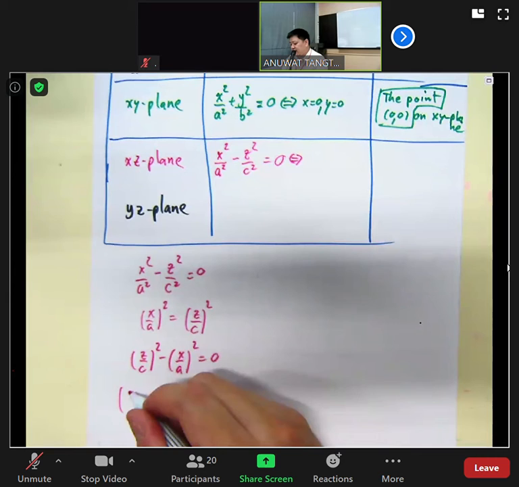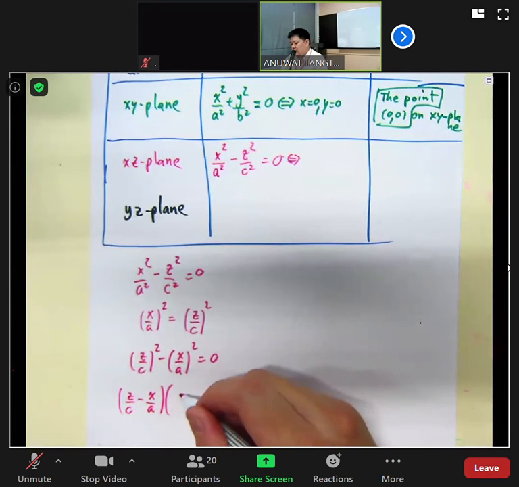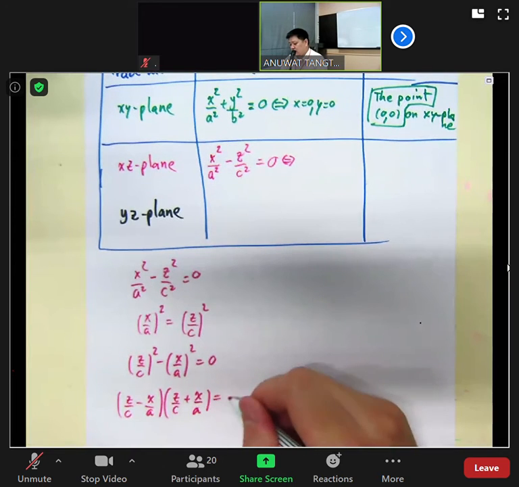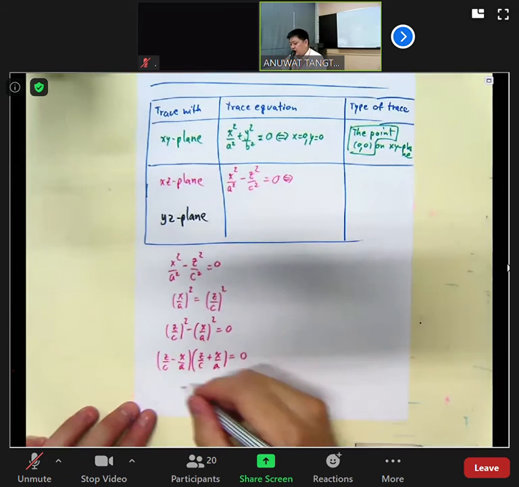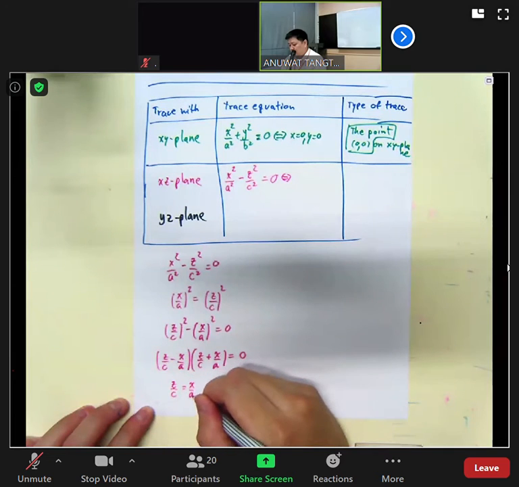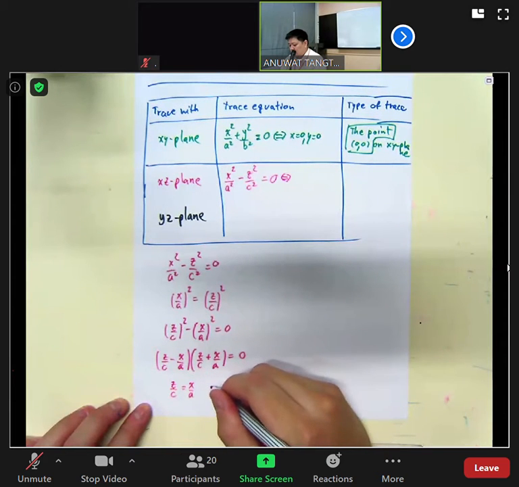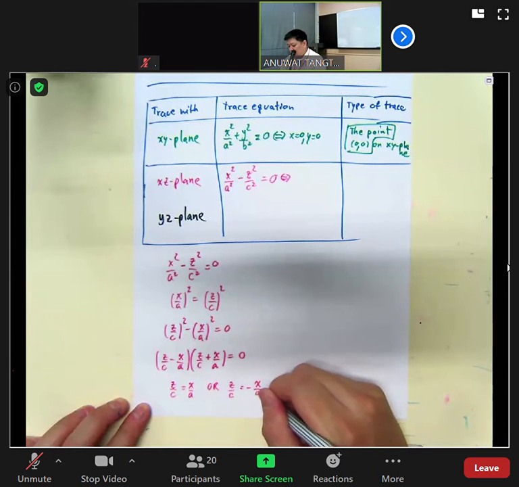By difference of squares, we have z over c minus x over a, times z over c plus x over a. So we're going to have z over c equal to x over a, or z over c equal to minus x over a.